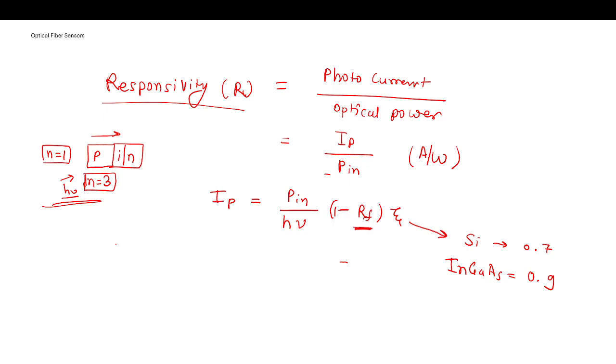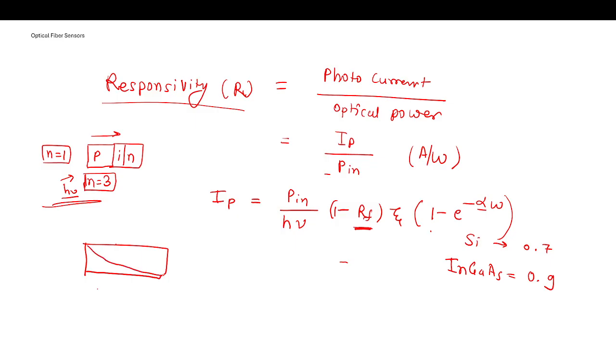Moving to the next step, we will discuss one more parameter, which is loss: 1 minus e to the power minus alpha w. What does it mean? This alpha, like loss, depends on how much the light is propagating through the photodiode.